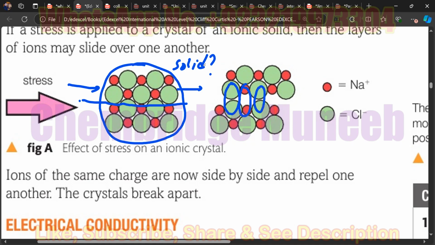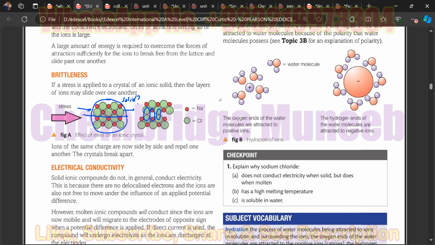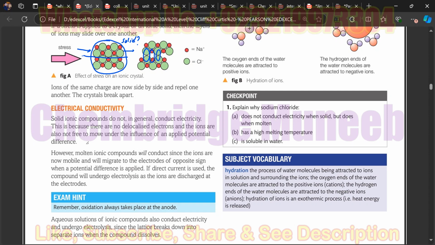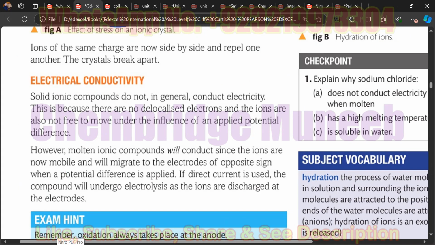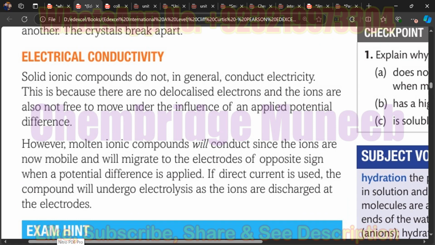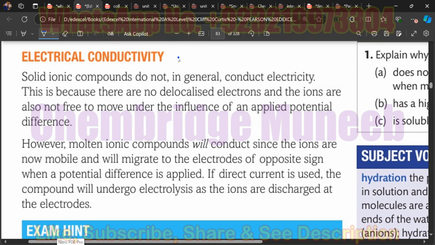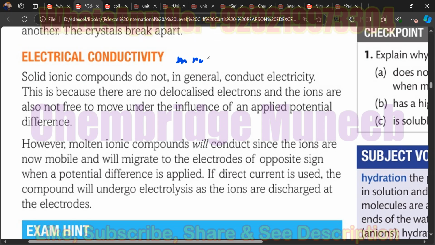Basically, you will use the word movement of the ions, not the electrons. Most of the students always commit this mistake. They always say that there is no movement of electrons in the ionic compound.